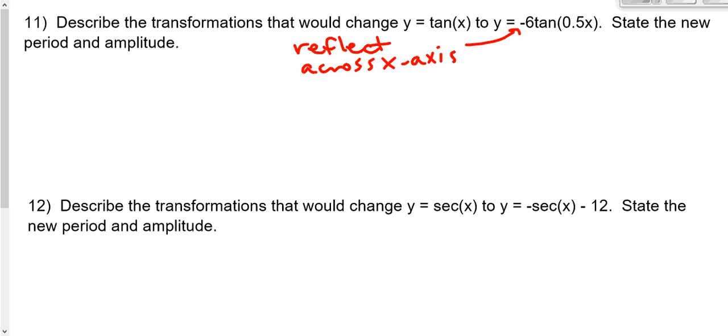Now, it wouldn't be a bad idea for you to pause the video, think about it yourself, and then resume and see what I say, just so you can test your understanding. What's the 6 going to do? Because of the 6, that's a vertical stretch. It's going to be 6 times taller than it was before. Vertical stretch by a factor of 6.